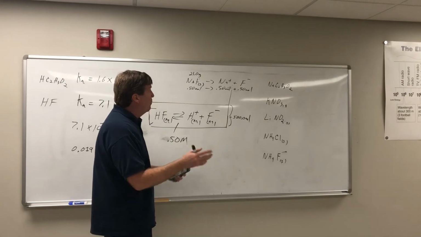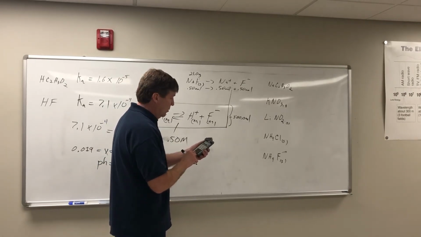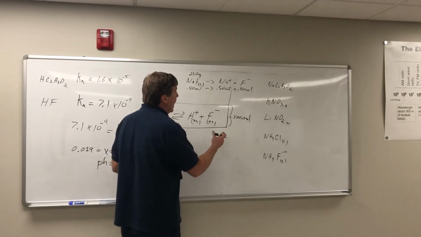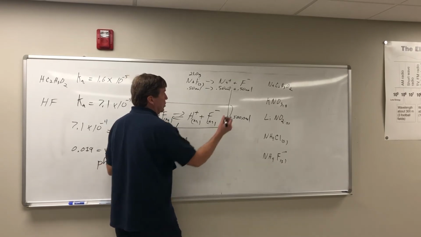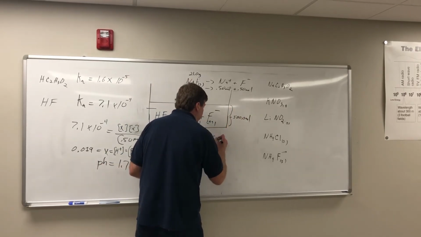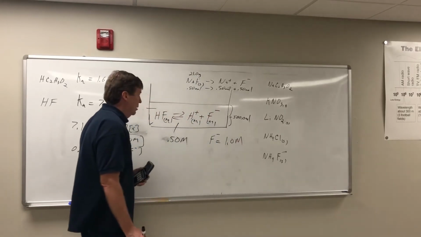So we have 0.5 divided by, really don't need to use a calculator here. This is going to be a 1.0 molar solution. So the molarity of F minus here is 1.0 big M solution.